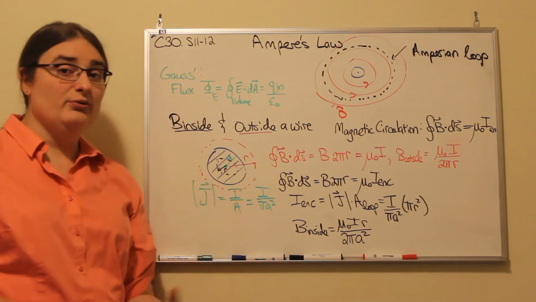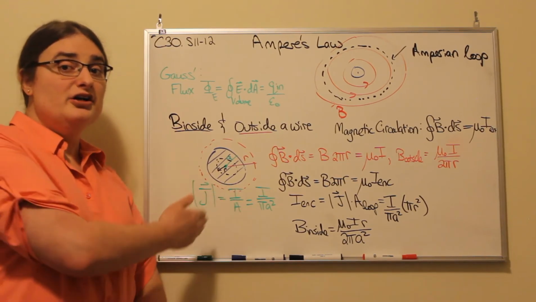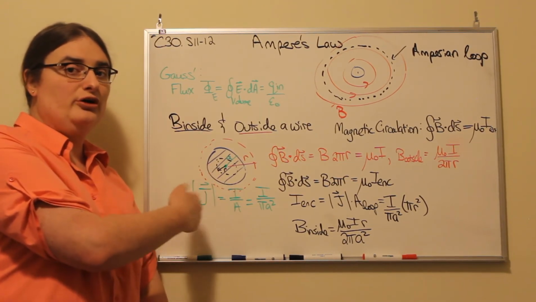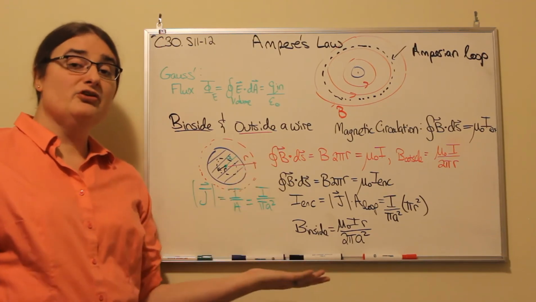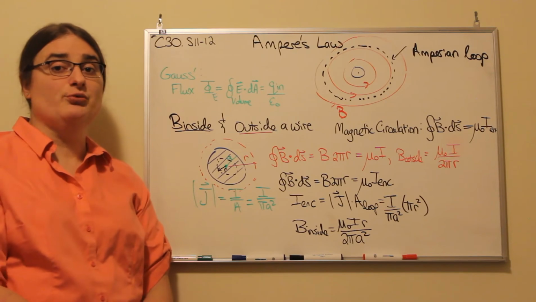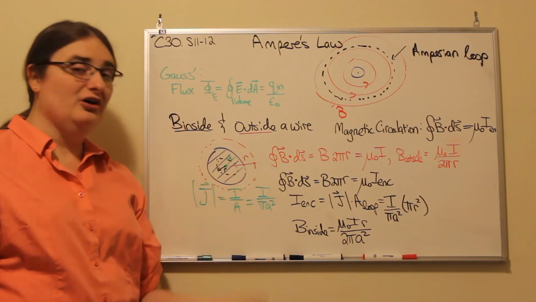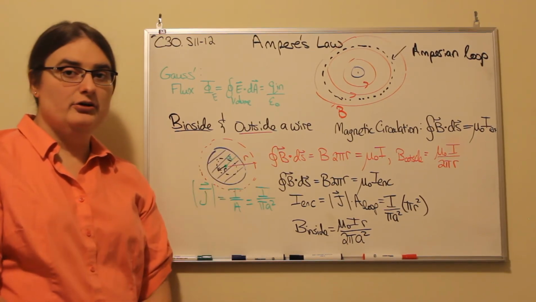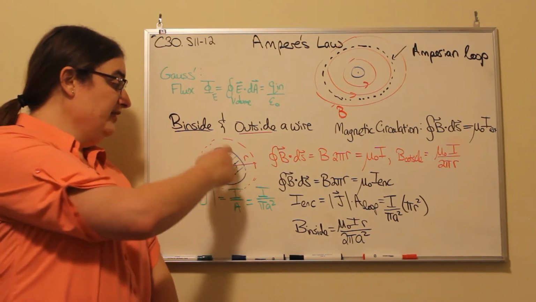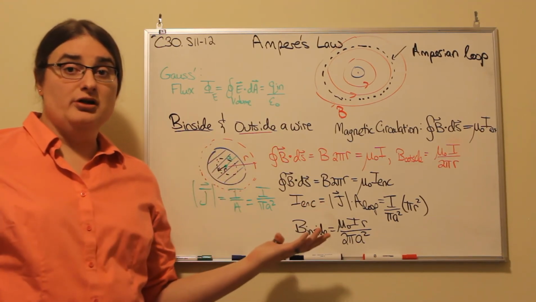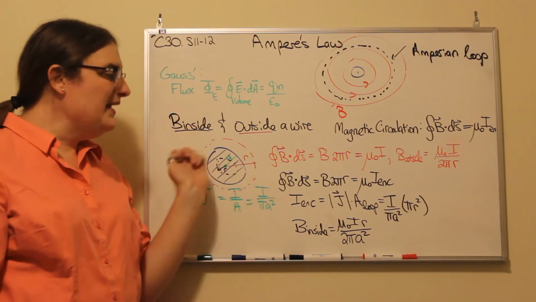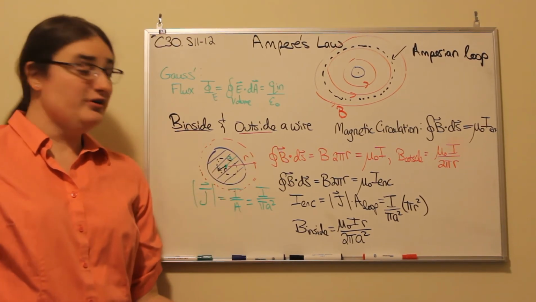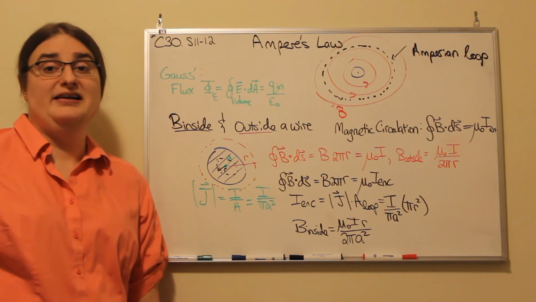Inside, though, we need to think about the current density. And as we said when we first talked about current density, it is the total current divided by the cross-section. So if we have a circular wire, the cross-section would be pi times the radius of the wire, which I called a squared. So my Amperean loop is again going to be circularly symmetric, centered around the center of the wire, and again, because of that circular symmetry, I should have a uniform magnetic field.